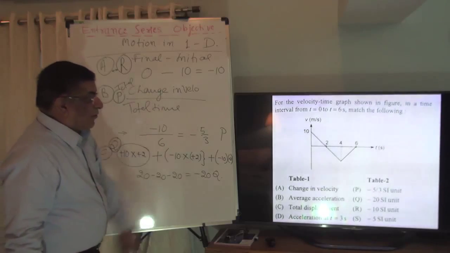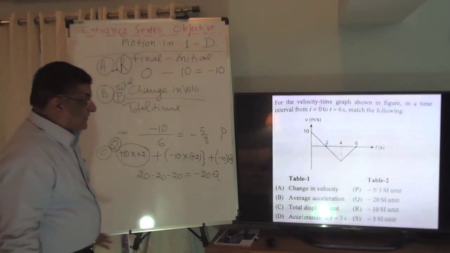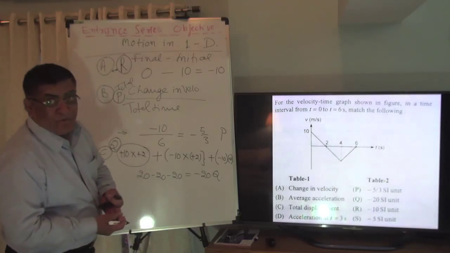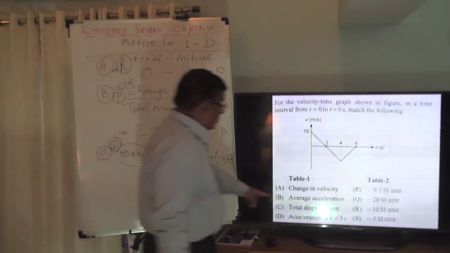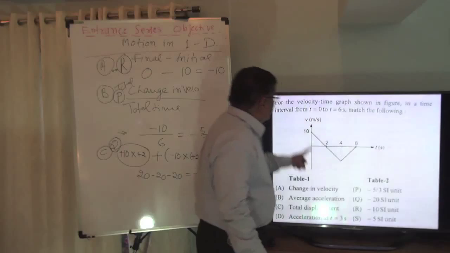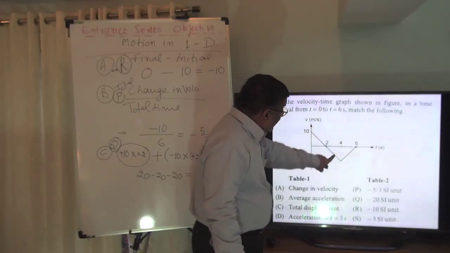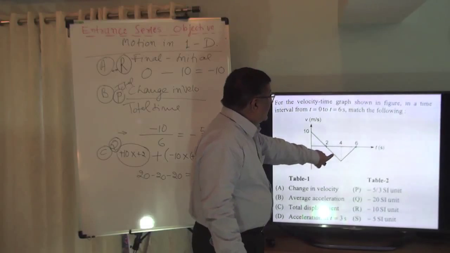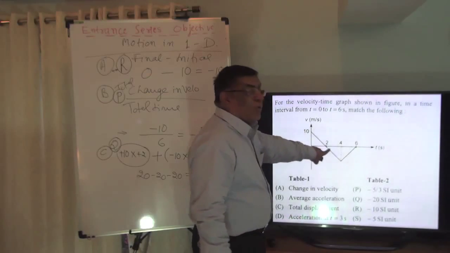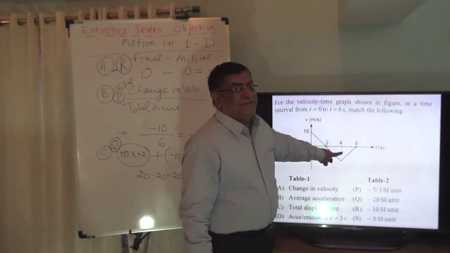So fourth is obvious, D has to match with S. Will it? Okay, let us ensure. At t is equal to 3 seconds, here is 3 seconds. At 3 seconds we get the slope of this line. Slope, how do we get? By tangent.